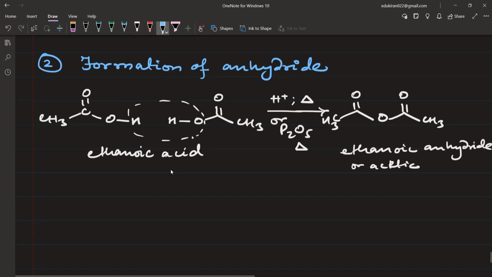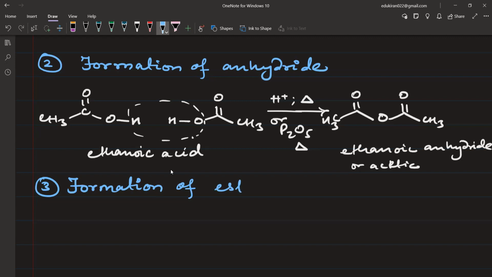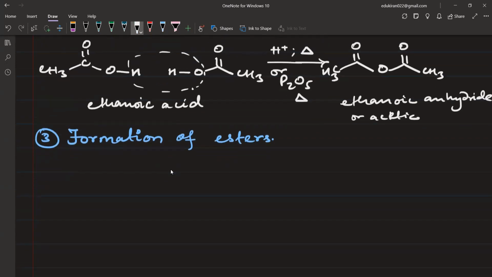Okay, write the third one. Formation of esters. Now, in the formation of esters, you need alcohols या फिर phenols, ठीक है ना? You need ROH. So, for example, let's look at the reaction first.